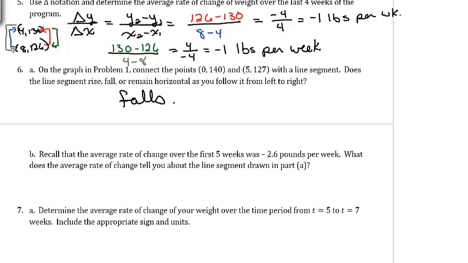And recall that the average rate of change over the first 5 weeks was negative 2.6 pounds per week. What does the average rate of change tell you about the line segment drawn in part A? So because this average rate of change is negative, it tells me that the line segment should be falling.